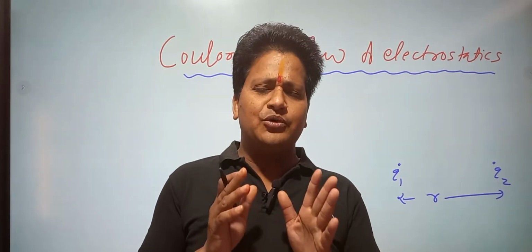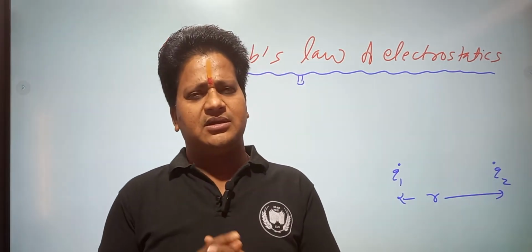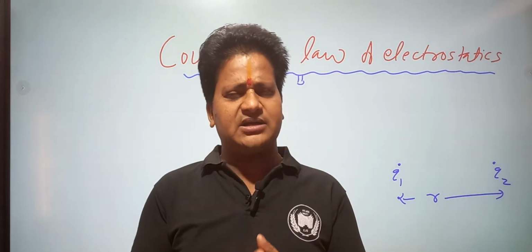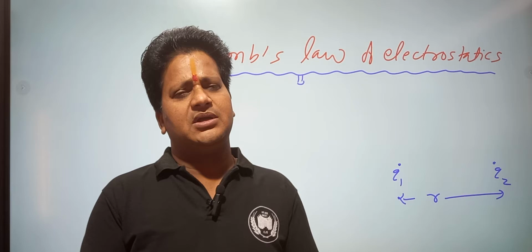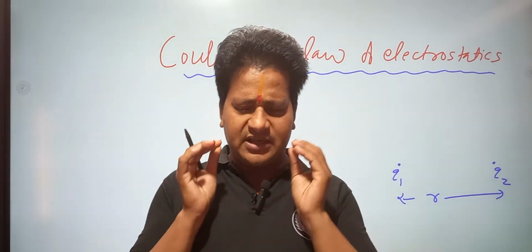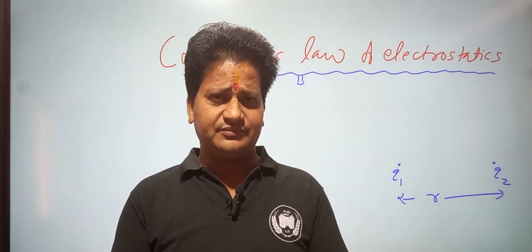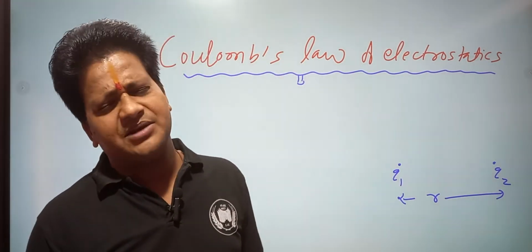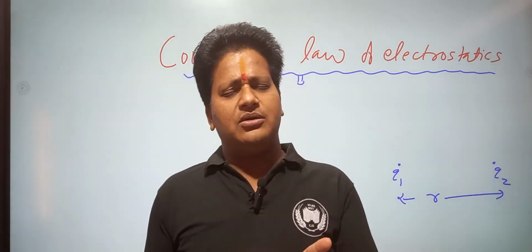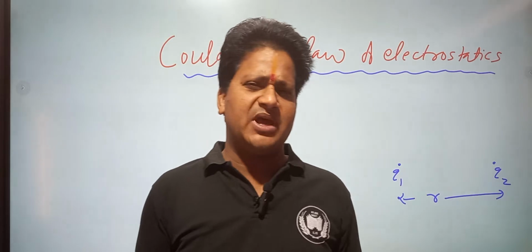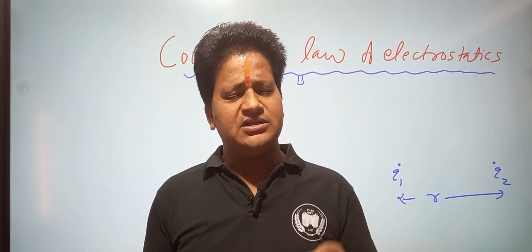Here both types of forces, repulsive as well as attractive, are possible. Therefore, I can say that it is the force of interaction. But in the gravitation chapter, the force acting between two point masses is always attractive in nature. It is not repulsive.